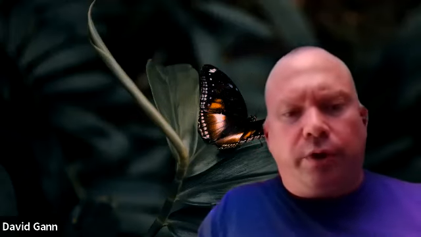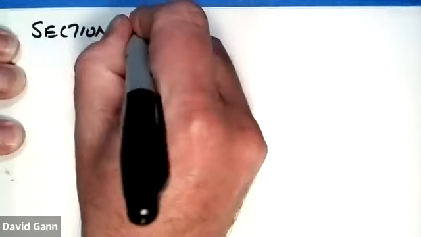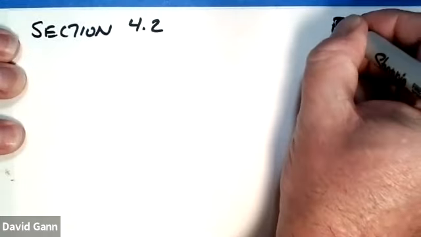So let me kick it over here to the document camera, and we will start into this. Okay, all right, so this is section 4.2, and this is the first page.